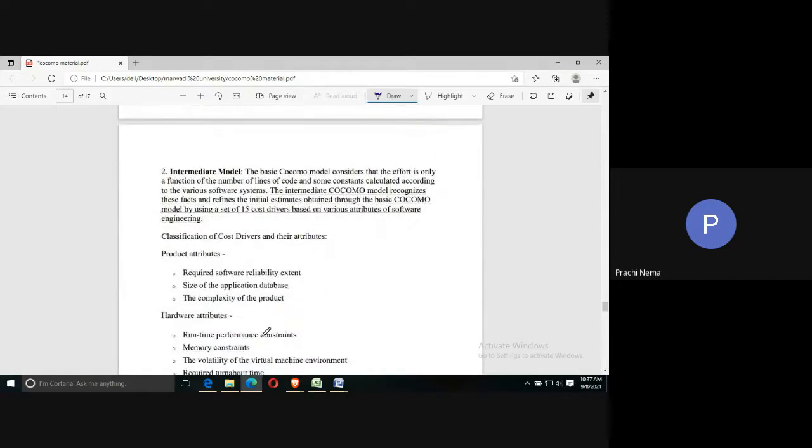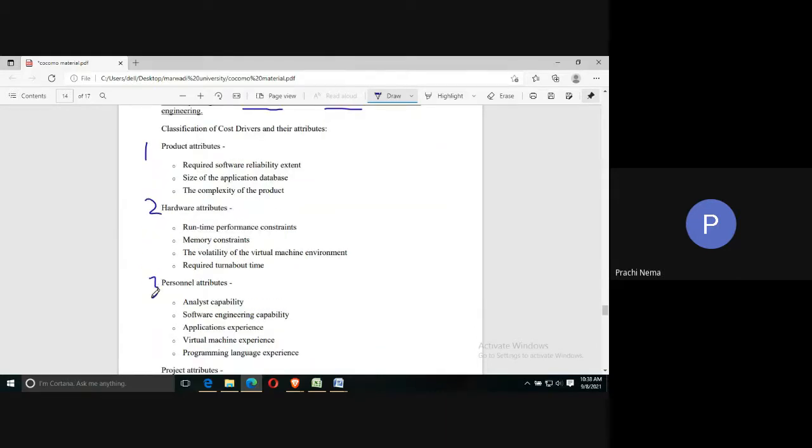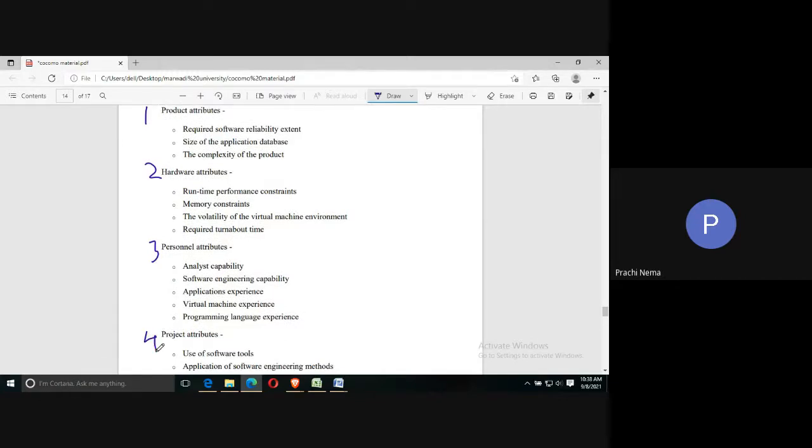Okay. Now comes the intermediate model. What is the intermediate model? The intermediate model will use the result from the basic COCOMO, and apart from that, it has 15 cost drivers based on various attributes. There are four types of attributes. The product attribute has these cost drivers, the hardware attribute has these cost drivers, and personnel attributes have these cost drivers.